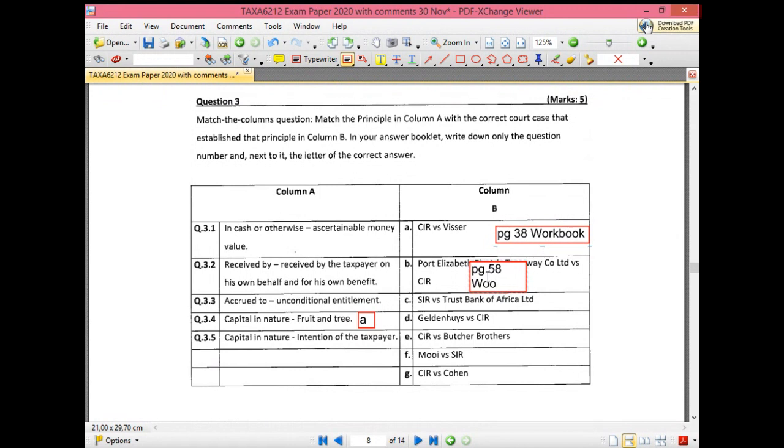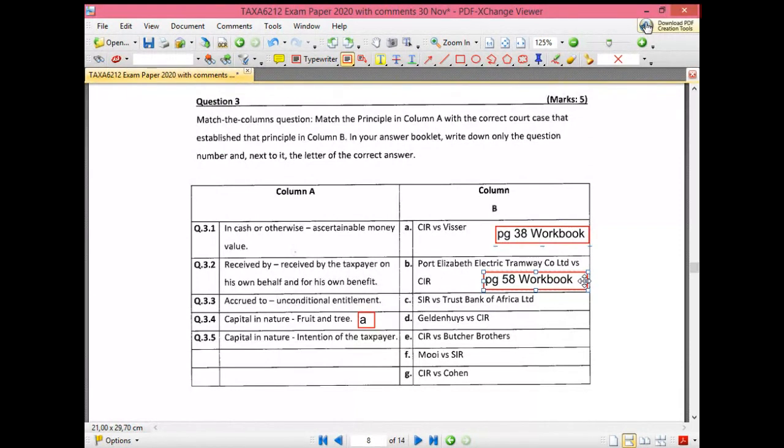So if you want to go read up on it, it is on page 58 in your workbooks. Then CIR versus Trust Bank. Now that is not one of the well-known ones, so let's quickly park that one for now. So when you were in the test, you probably wouldn't have known what to do with that one.